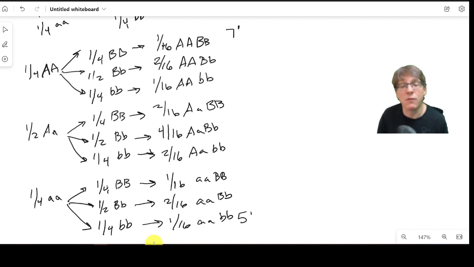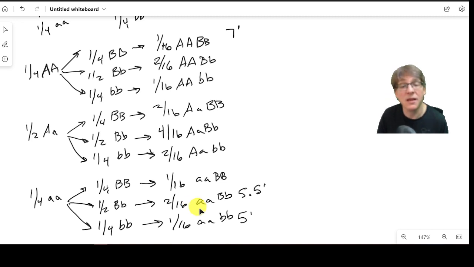And then for this, we have 2 out of 16 that are going to be little a, big B, little b. So this is 5 feet, and then there's one capital letter. It doesn't matter where the capital letter is. For every capital letter, you're going to add 6 inches. And so all of these 2/16 people are going to be 5.5 feet.